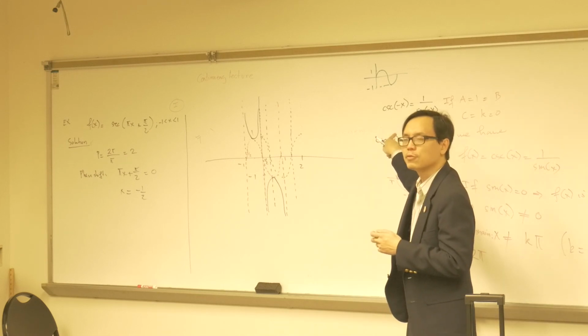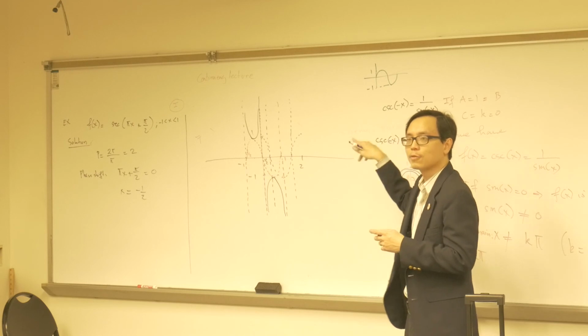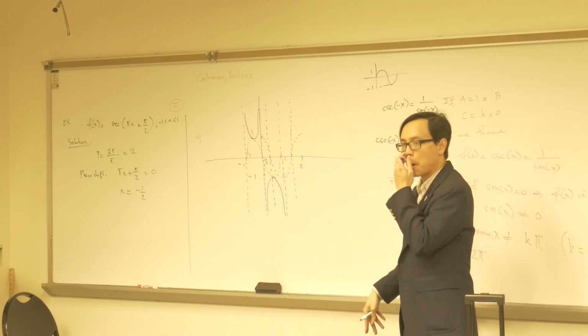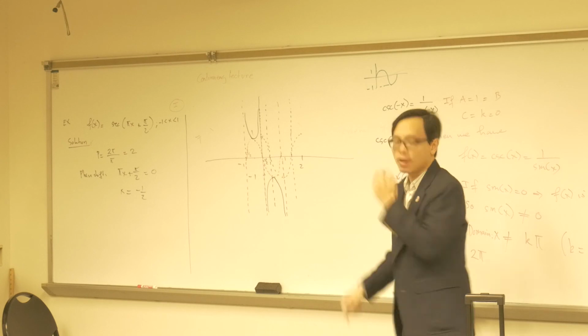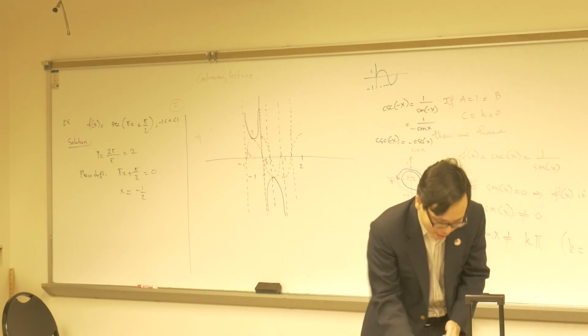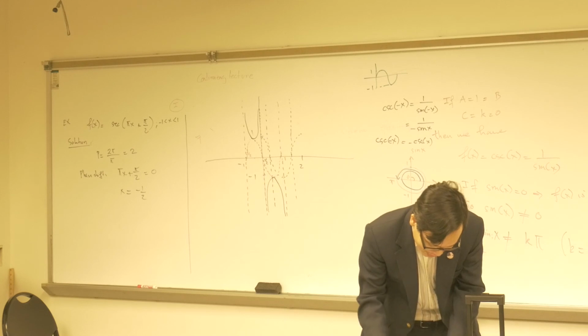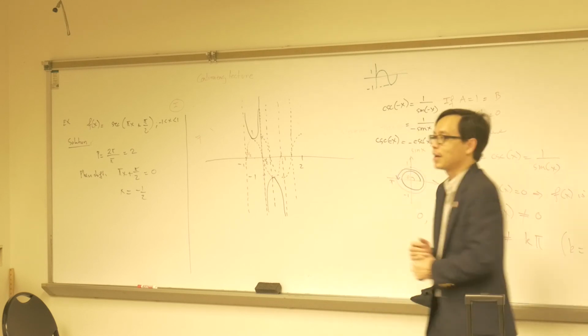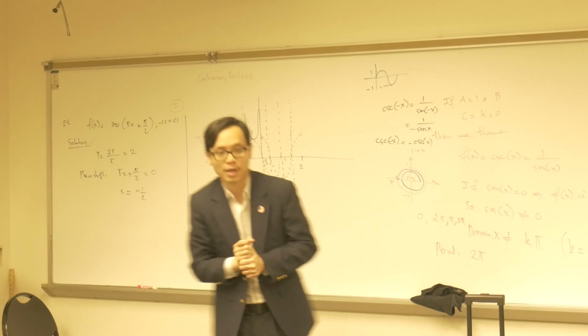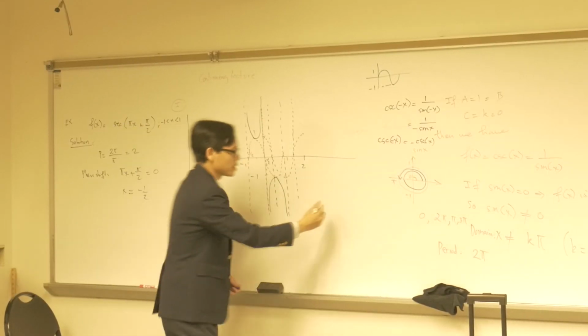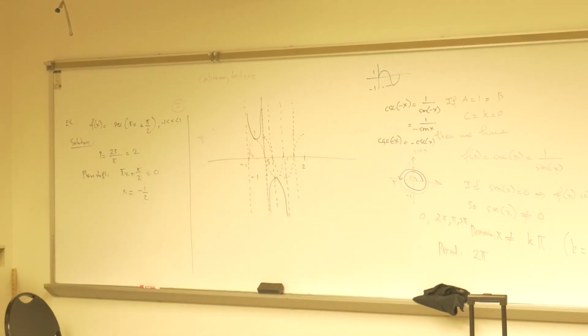Sine of negative x equals negative sine of x. Is it even or odd? Let me check. Sine is odd. And cosine will be even. Yeah, I remember from homework. Let me check cosine.